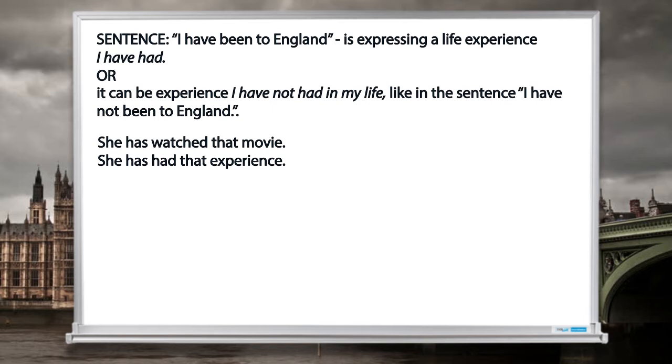Once again, it's not important when the action took place, we know it happened, and that's important for a current conversation. So the first grammar point is related to the simple use of the present perfect tense, which is talking about a life experience.